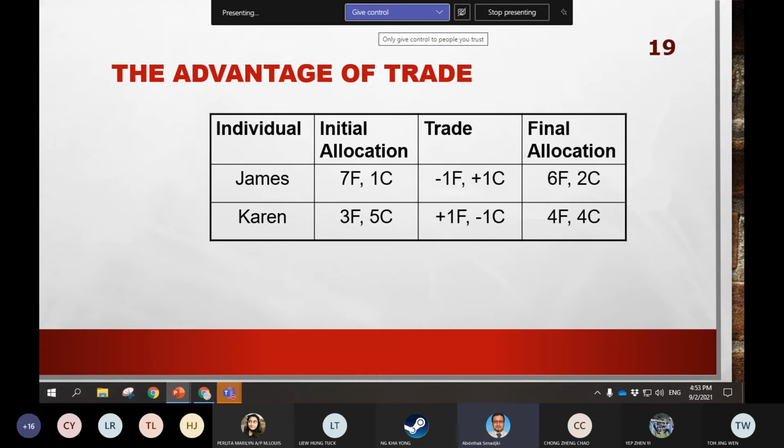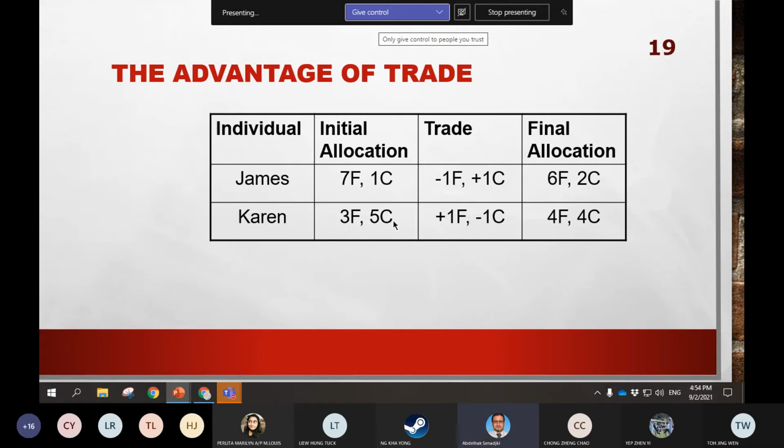Which one will start bargaining, which one has more influence or more power. Among the possible outcomes are trade of 1 unit of food by James for anywhere between half and 3 units of clothing from Karen. So it means that James will give 1 unit of food, then he's going to get between half a unit of clothes and 3 units of clothes.